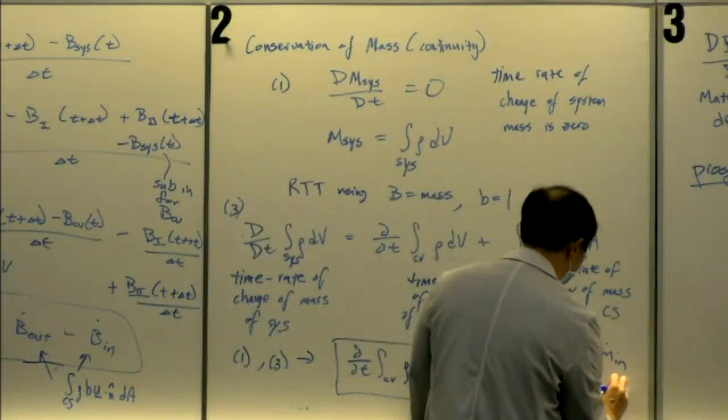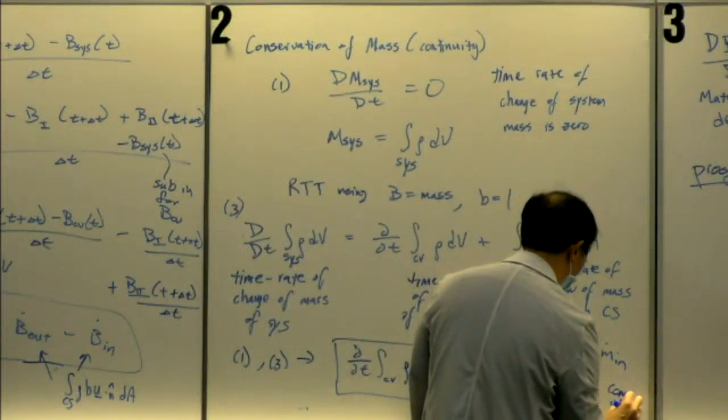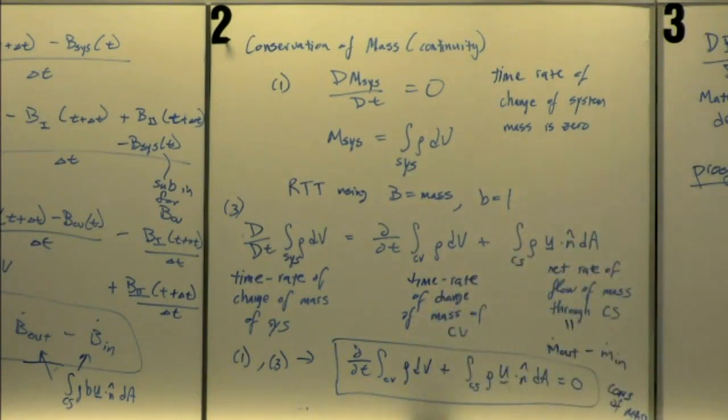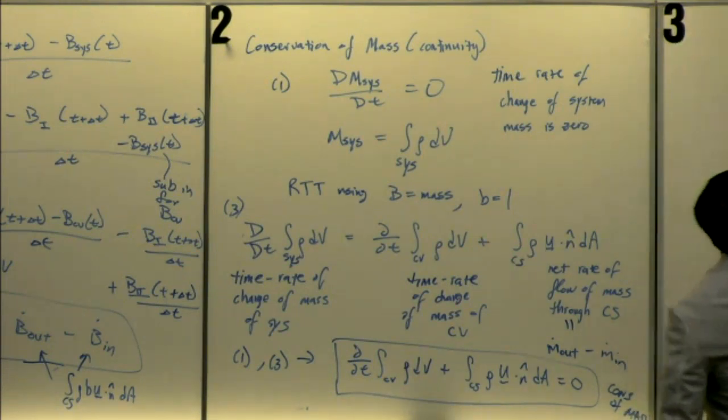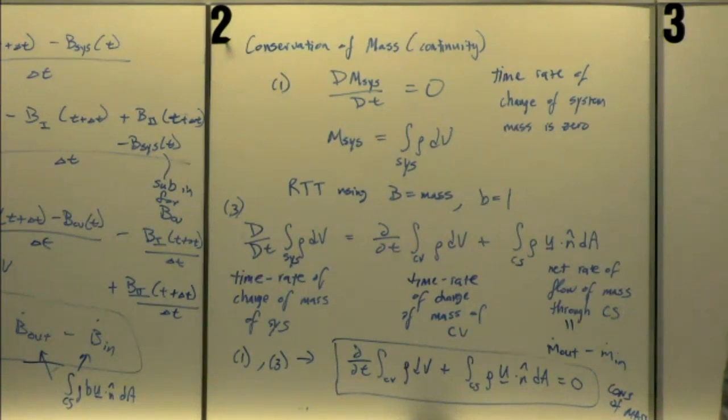This is conservation of mass. This is with fixed control systems. We'll do it with moving ones probably on Friday or Monday. Again, this equation doesn't give you any forces. It only allows you to track how much things are changing.